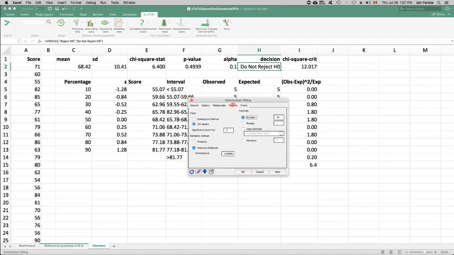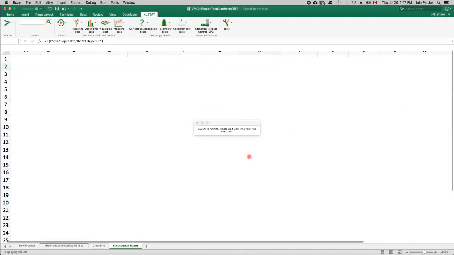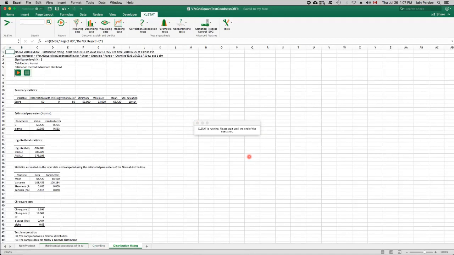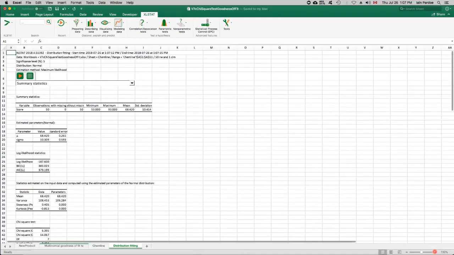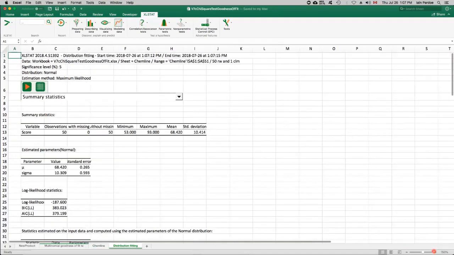Okay, and let's see what the output is on the charts. All right, so let's see what happens. As I say, the results are going to be a little bit different, but they'll be pretty close to what we did, because it's very similar.